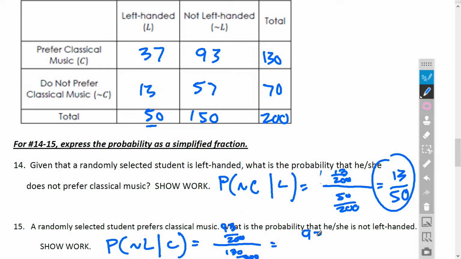So we get 93 over 130. Maybe that does simplify. 93 over 130, it does not. And that should make sense because if we're given that it's classical, then we're just talking about these 130 people. Of those 130 people, the ones that are not left-handed, there's 93 of them, so 93 over 130.